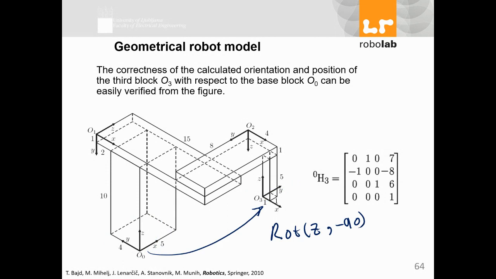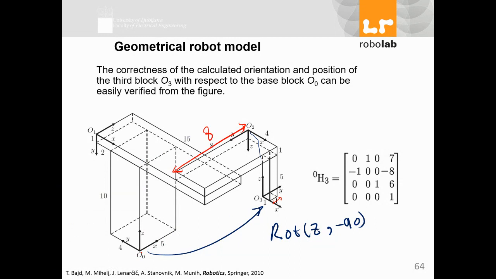And the linear displacement: if you go from here to here, you have 5 here, and from here to here is in the direction of X. I have a total of 8 in red, from this X to get there.